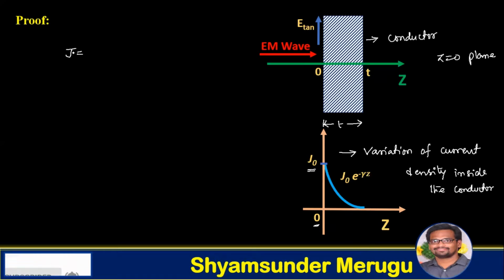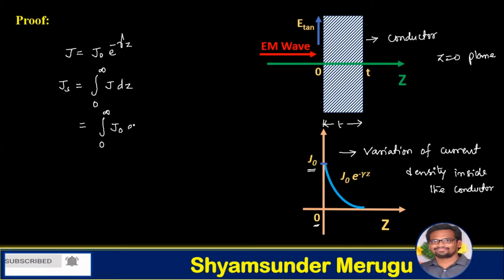So here the current density J is represented as J0 e power minus gamma Z. To find the total surface current density Js, we take the integration from 0 to infinity of J dz. As we know, J is replaced with J0 e power minus gamma Z. So we write the expression as integration from 0 to infinity of J0 e power minus gamma Z dz.